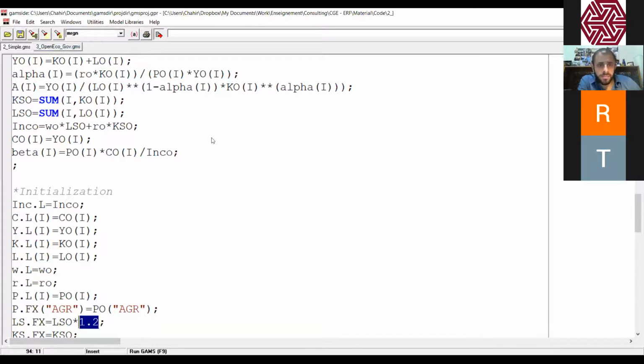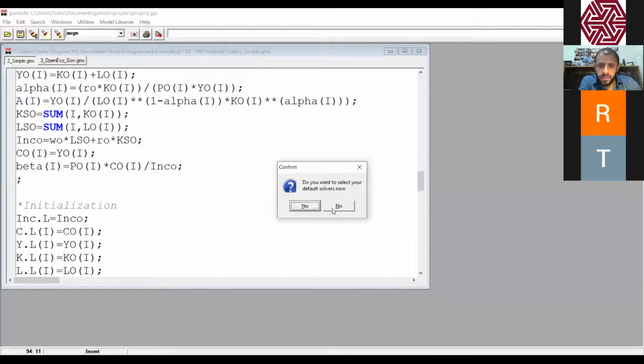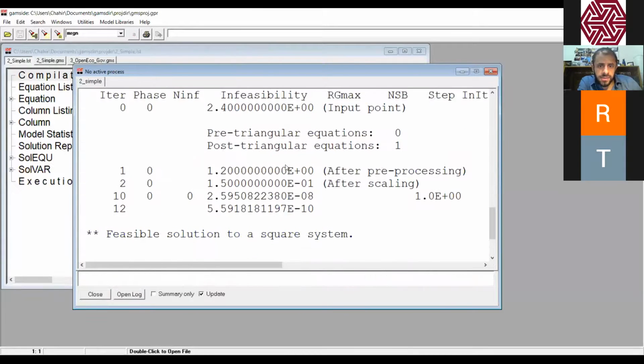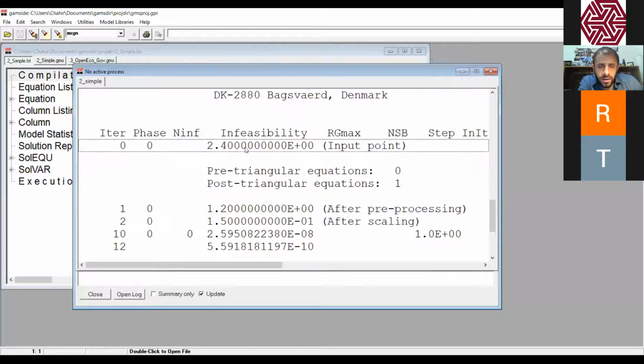So I will run the simulation, and as you can see, now I have an infeasibility. Can you see the dialog box that is generated? Yes.